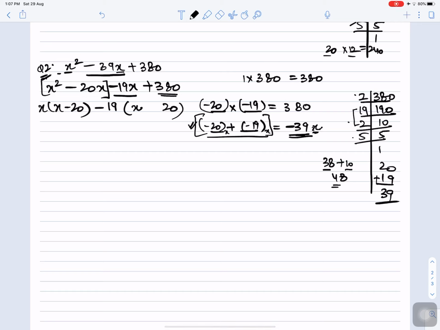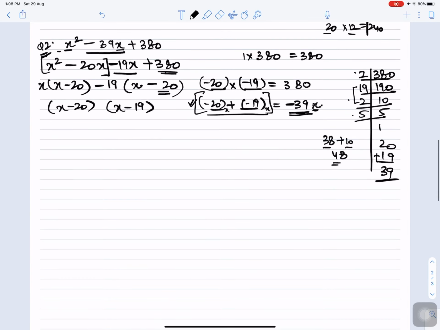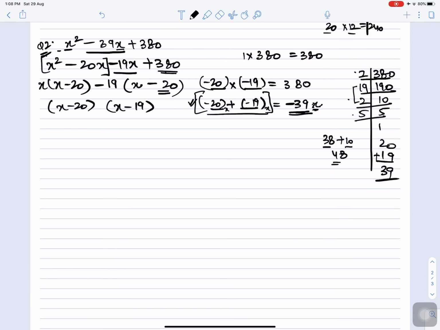But in my solution I will write it as minus. Why? Because minus 19 multiplied by minus 20 will give me plus 380. Hopefully you are understanding this concept. Okay, so now I take out common, x minus 20 and x minus 19. Correct? This is how we will perform.